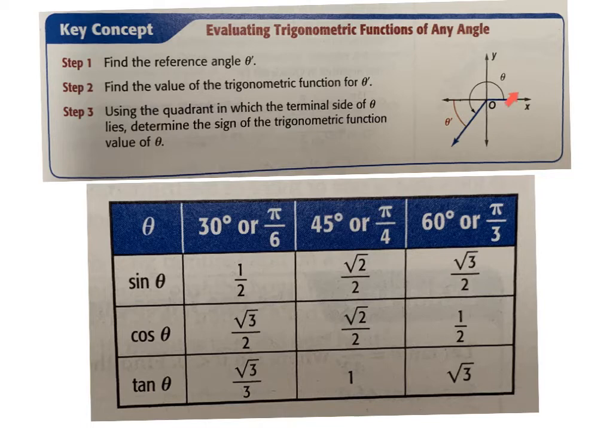Cosine is going to be positive in 1 and 4. And tangent is going to be positive in 1 and 3, right? So just think about your x's and y's and where they're positive and negative. And that's where your sine and cosines are going to be positive and negative. They will follow that. Sine is y, cosine is x, all right? So you need to memorize these for these three.